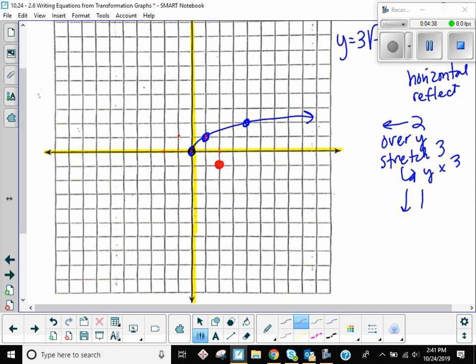Okay, that's mirrored. And then I need to stretch by 3. Well, what's the y value right now? 1. And what's 1 times 3? 3. So now I'm going to go up to the 3. And I'm here. And the last thing is down 1. So right there. Okay.